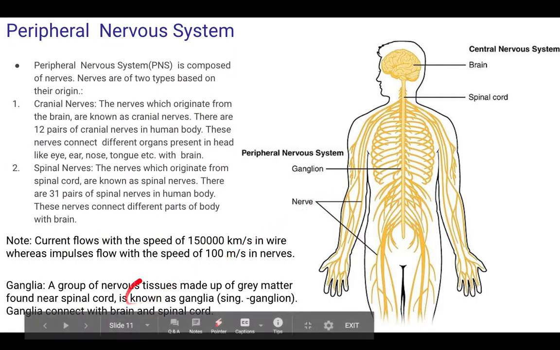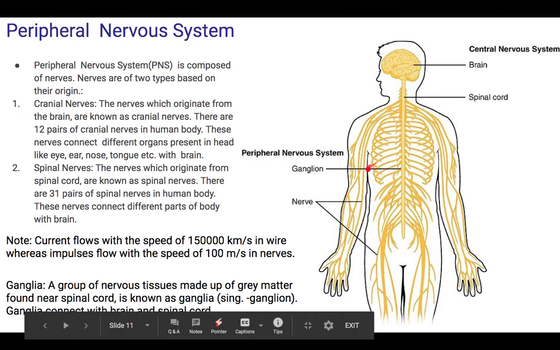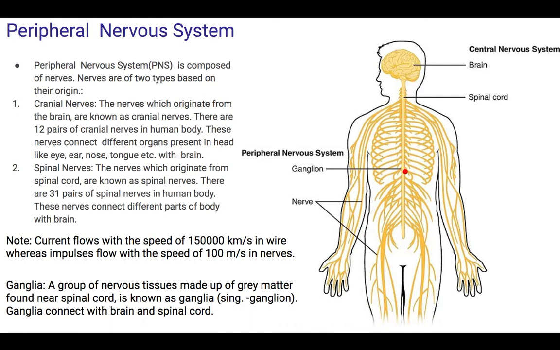The definition: a group of nervous tissue made up of gray matter. If you remember, the gray matter is formed by the dendrites of nerve cell that is found near the spinal cord. That is called ganglia, and singular form of ganglia is called ganglion. And these ganglia are connected to brain and spinal cord.